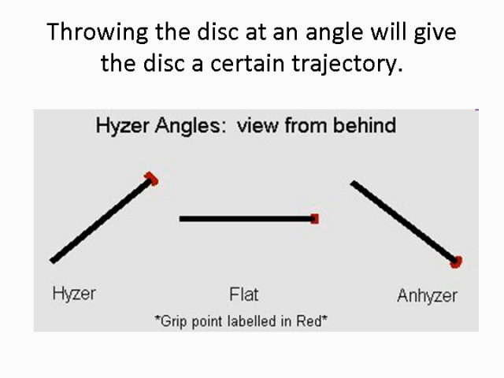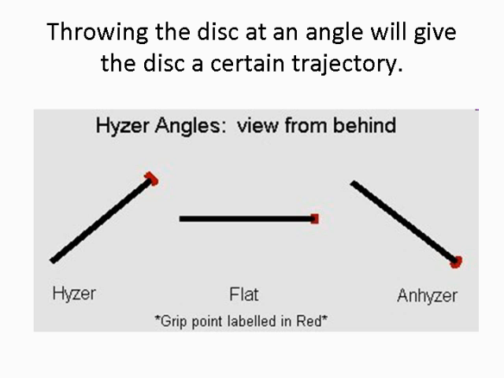The hyzer throw will usually end up on the left side of the area aimed at. Holding the disc at 91 to 135 degrees with the nose up is called the anhyzer. The anhyzer throw, when thrown, will usually end up on the right side of the area aimed at.